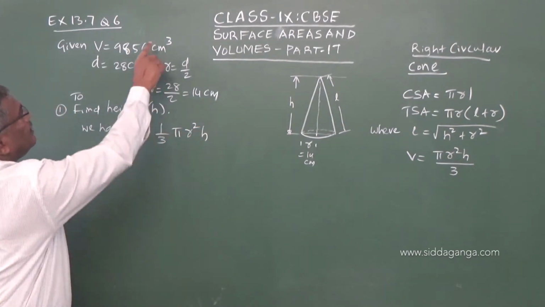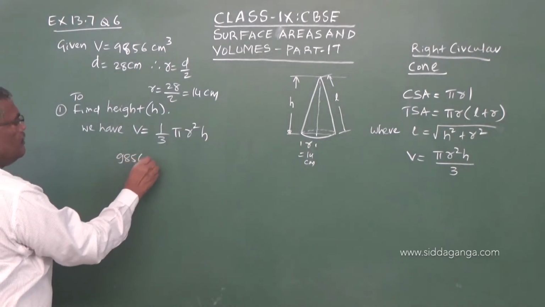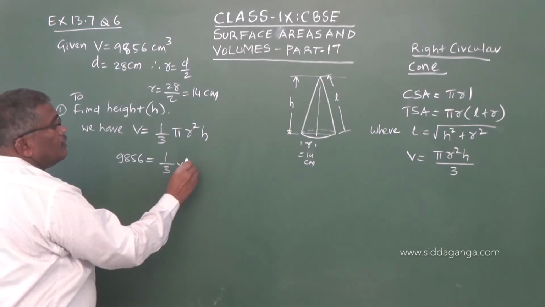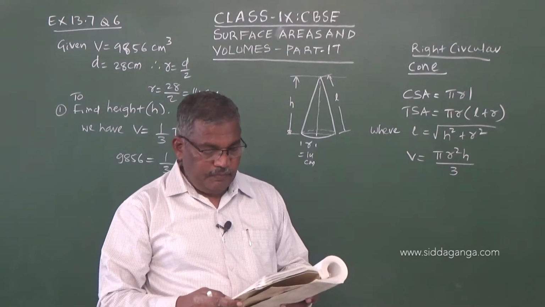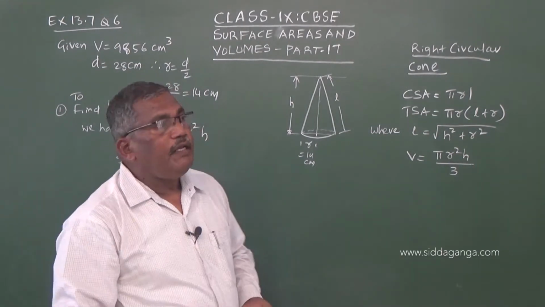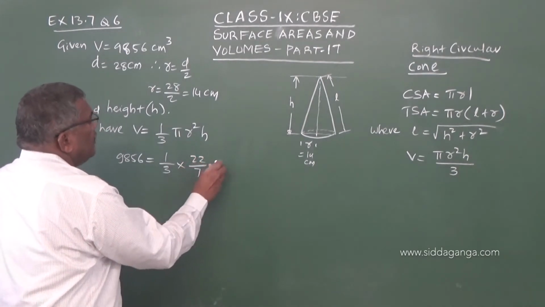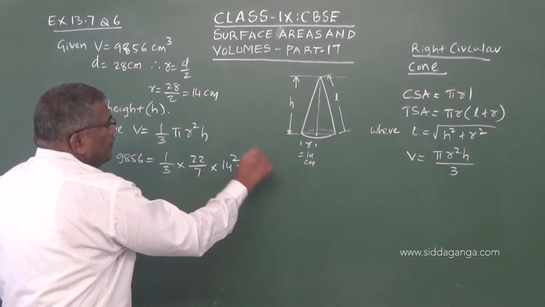So volume is 9856. 9856 is equal to 1 by 3 into pi. Whenever pi is not given in any problem, take it as 22 by 7. So it is 22 by 7 into r, which is 14 square, into h.